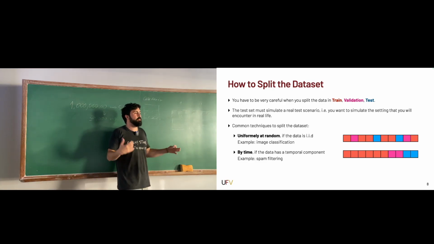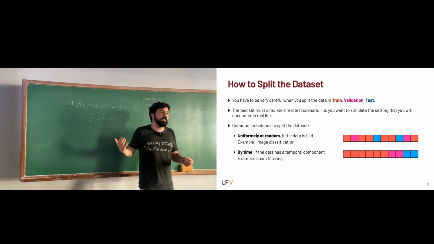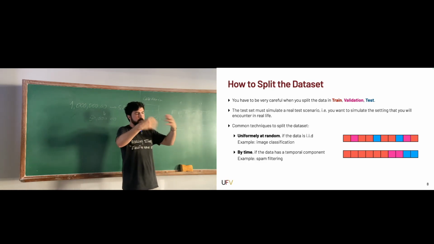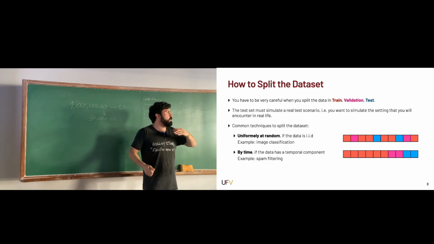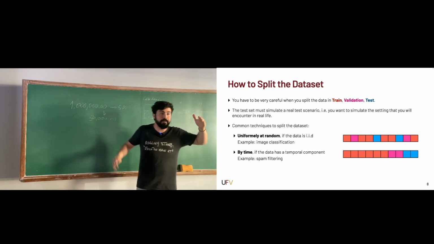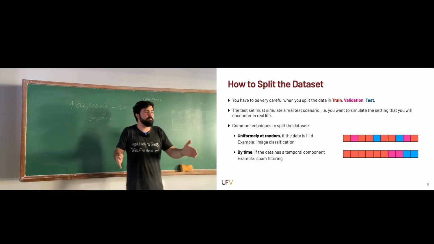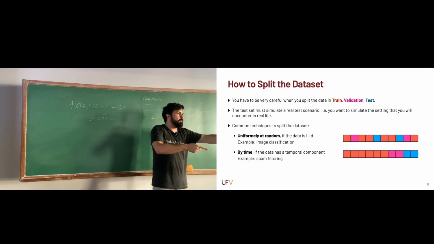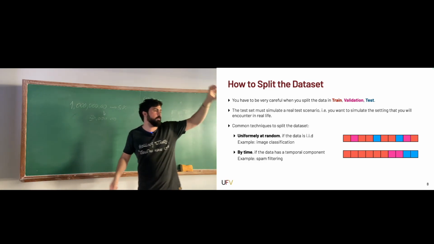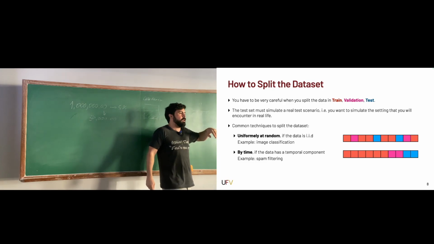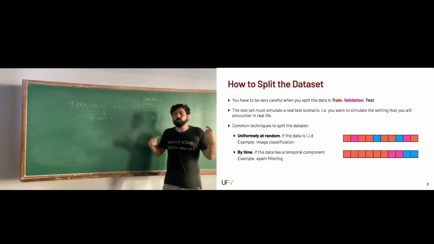Because think about what's going to happen in real life. You're going to receive a bunch of emails over time. Let's say you're going to collect data over a span of 3 months. Then you train your model. Then you pick more emails, and then you classify them by hand maybe, and then you evaluate your model. Because that's how your model is going to work in real life.